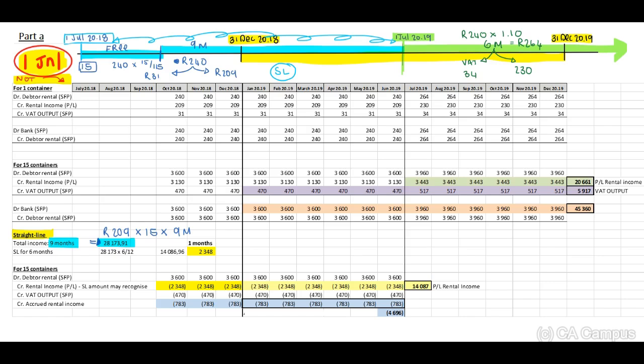But we need to straight line this. Therefore, if we straight line this, this is the income for 9 months, guys. But for our 6-month period, and this is important, for the 6-month period, the income will be 14,087. And therefore for 1 month, 2348.